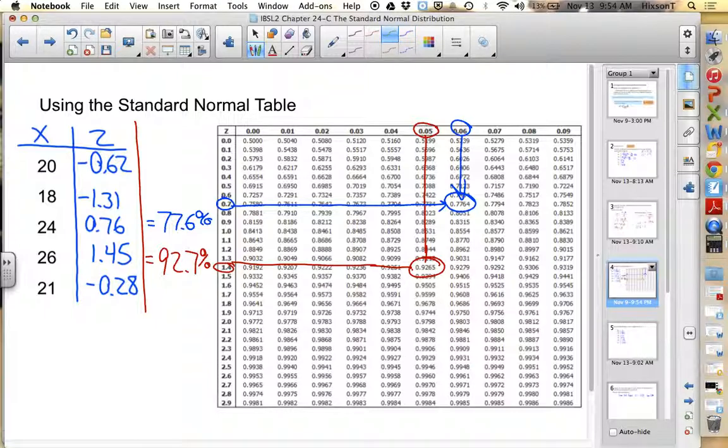We want a negative 0.62. Use the symmetry of the graph. If you go to positive 0.62, 0.62 is right here. How is below a negative 0.62 going to be similar to the positive 0.62?